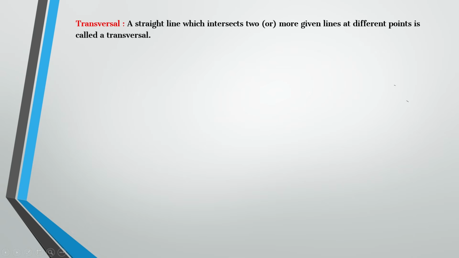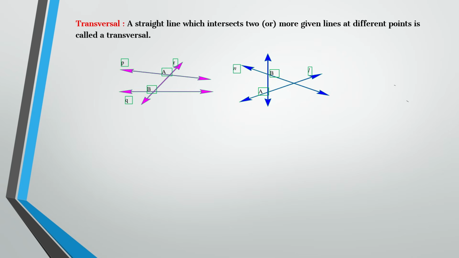Next and most important concept is about a transversal. Transversal means what? A straight line which intersects two or more given lines at distinct points is called a transversal.